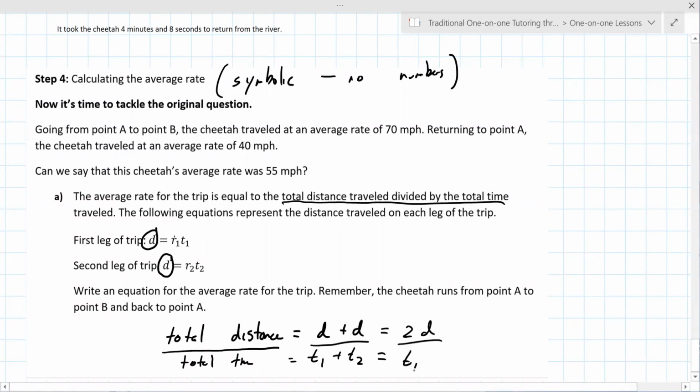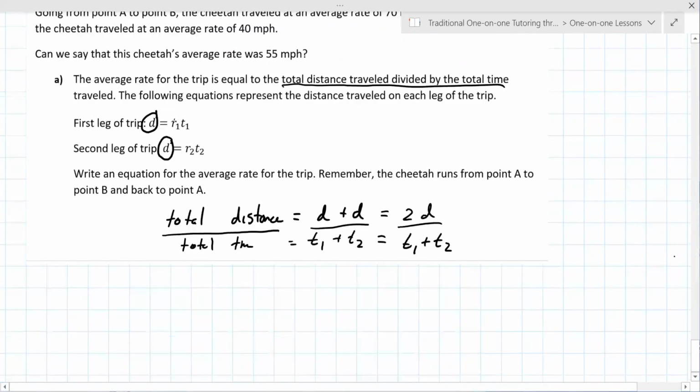So you have to leave it like this: T1 plus T2. Is that okay so far? Yeah, I understand that. Like combining X plus B or whatever, it just doesn't work. Yes.